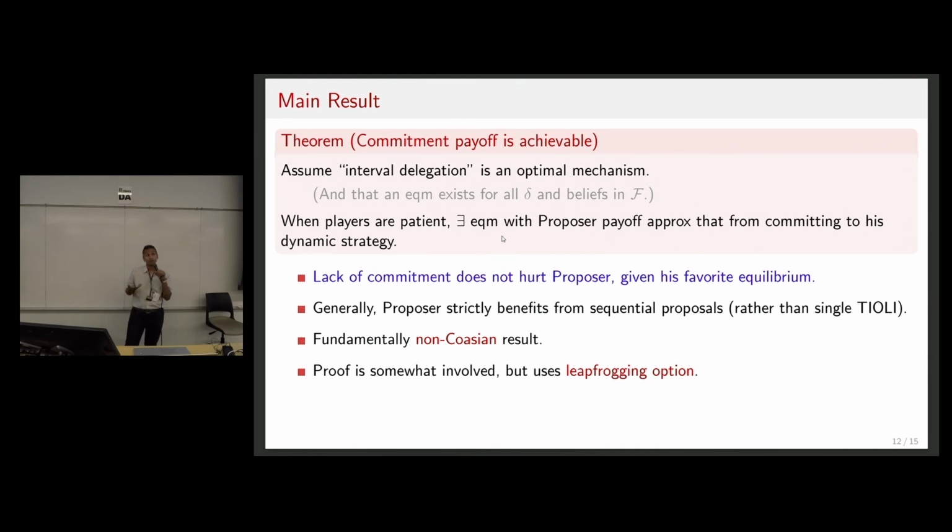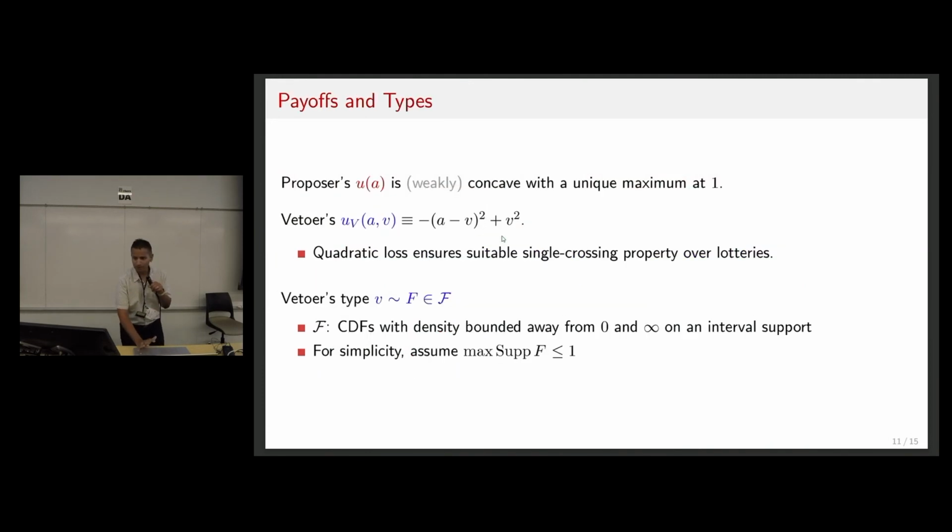Now, proving this result has a number of technical and substantive assumptions. The technical assumption is that we're able to be very general about the proposer's utility function. But for the vetoer's utility function, we actually have to specialize to the class of quadratic loss. The reason we need to do this is we need to ensure some kind of single crossing property over lotteries.